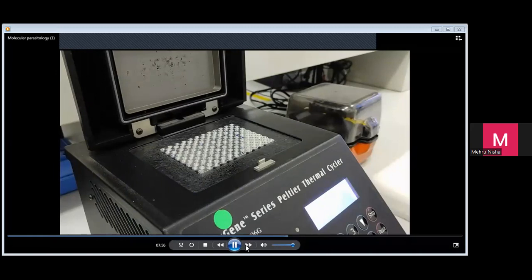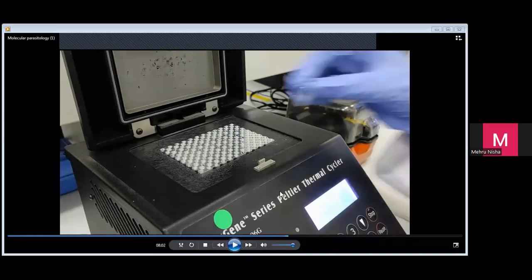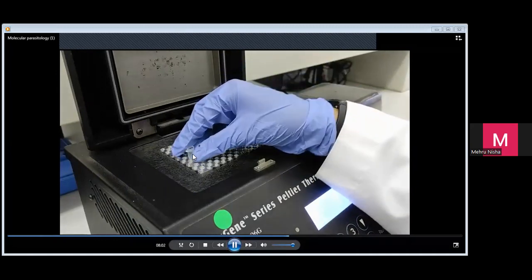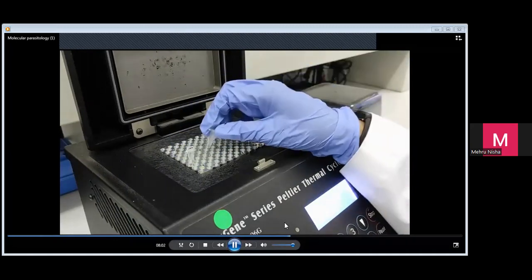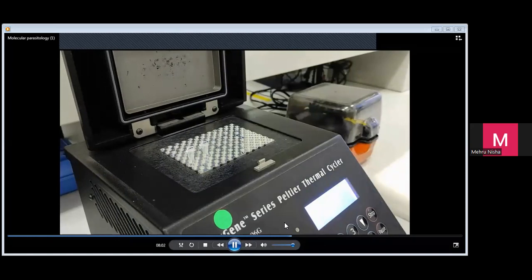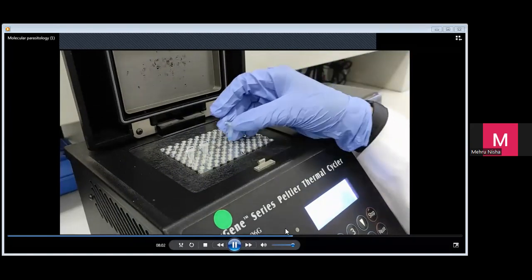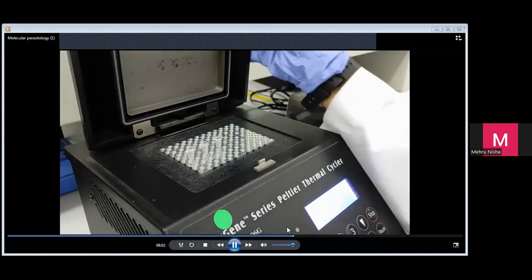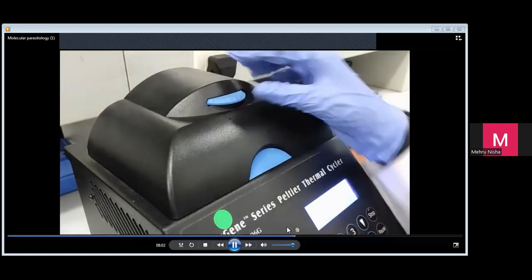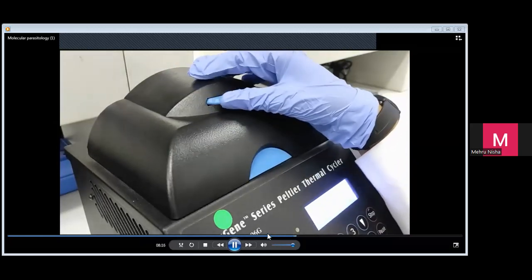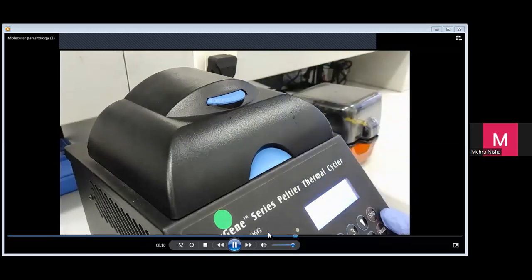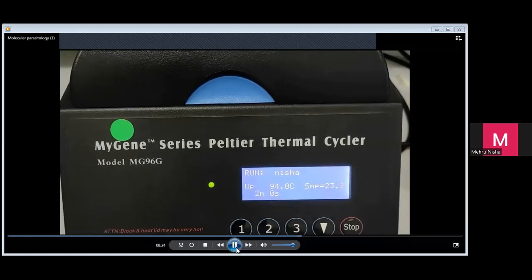So this is our PCR machine dekat our university. It's an old machine, but it works very well. And we'll put the tube like this. Okay, so then you press run.